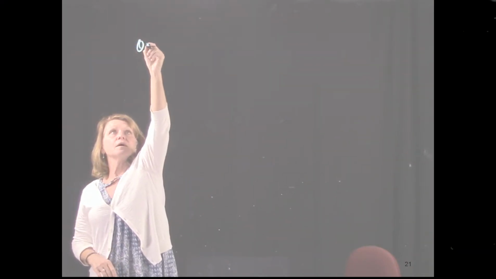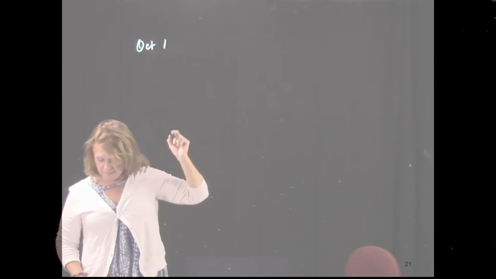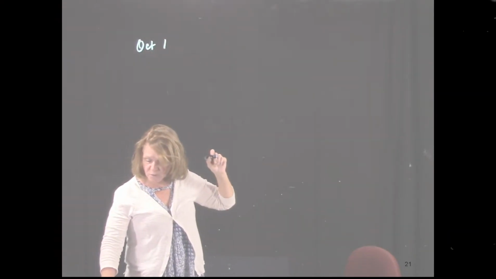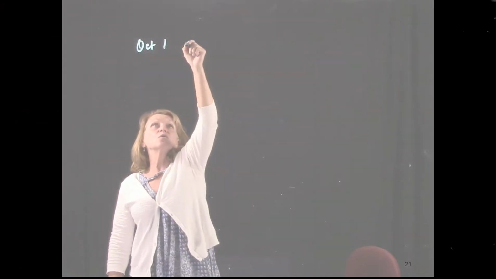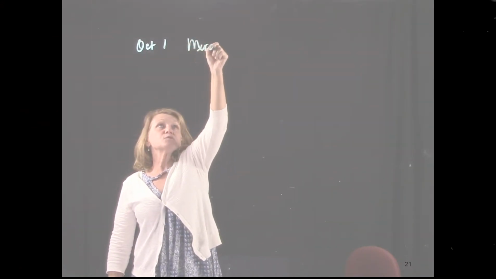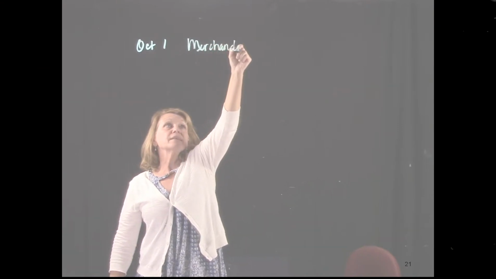First, we're going to do the journal entries and the T accounts. On October 1, it says that we purchased merchandise, 125 units at $4. So we're going to debit merchandise inventory. That is an asset.